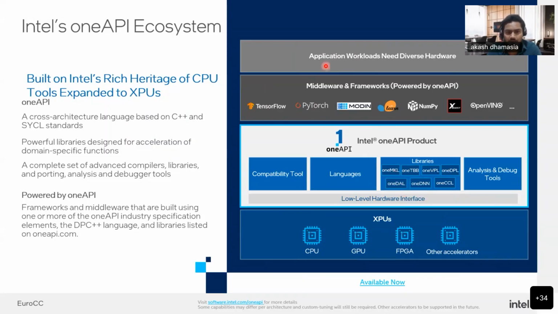So your applications become much faster on CPU, GPU, FPGA, or any other hardware which you have. This is showing how oneAPI in the backend is doing all the work. This is just an overview, which you are already familiar with. Saverin and Roy already talked about this.